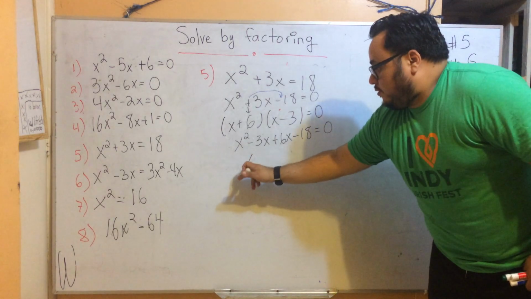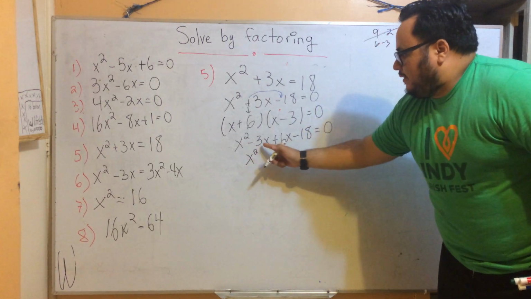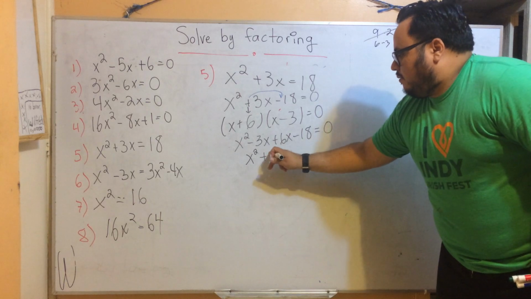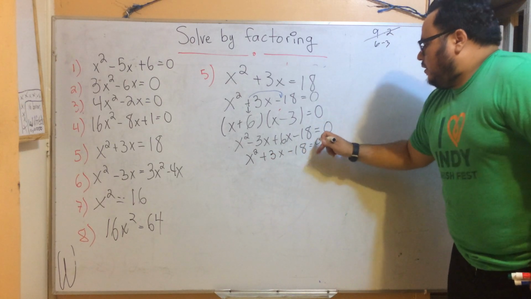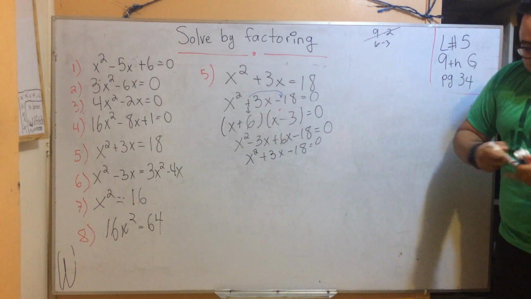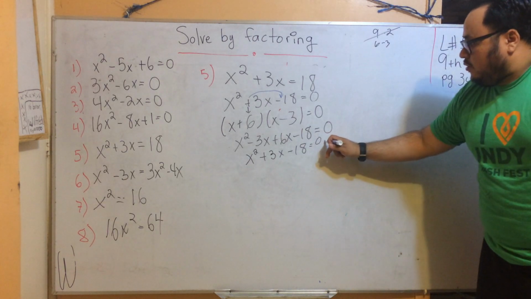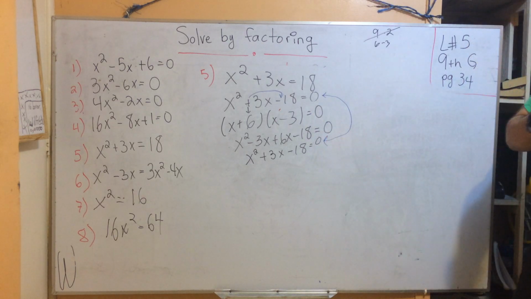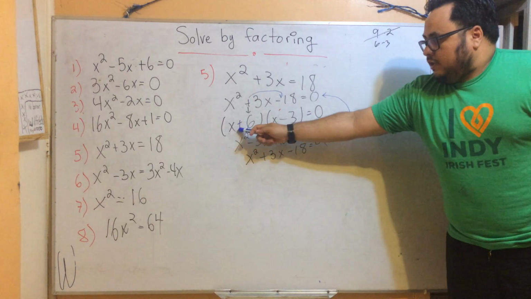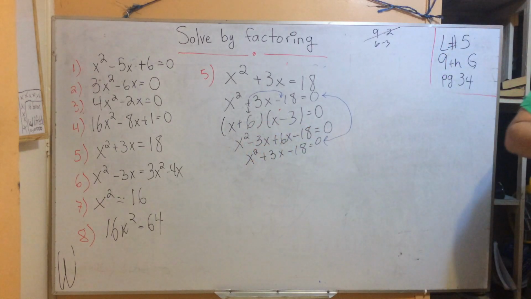Did we get to that number? X squared minus 3x plus 6x, which is plus 3x, minus 18 equal to 0. Do we have the same equation here and here? Yes. So these are the numbers that we're looking for. X plus 6, x minus 3.